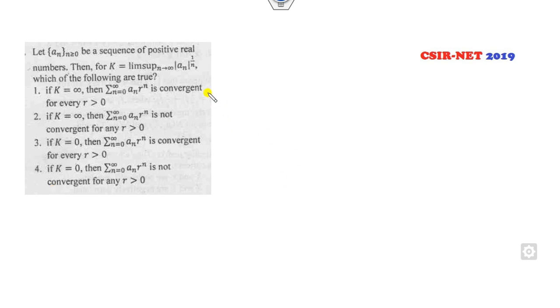Look at this, another one. An is a sequence of positive real numbers. K is the limit supremum of an to the power 1 by n. Okay, can you relate this with the radius of convergence? It is nothing but 1 by k. Fine. Now look at the options.